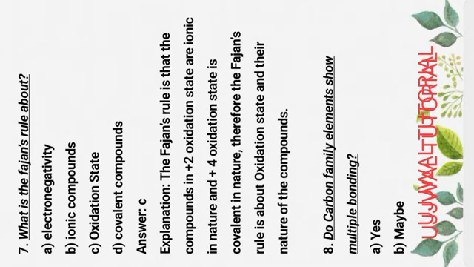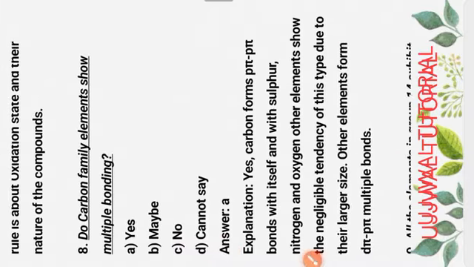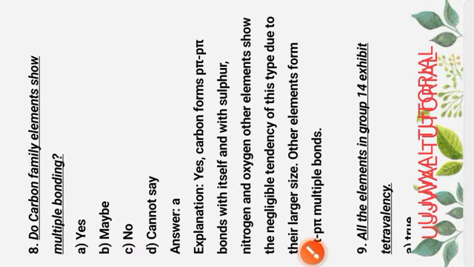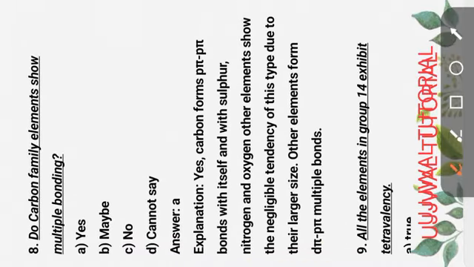My dear viewers, next question, question number 8: do carbon family elements show multiple bonds? Option A, yes. That is related to double bond, single bond and triple bond, the catenation property of carbon.